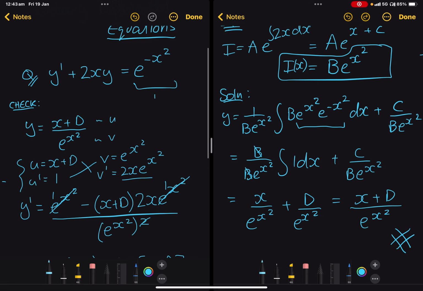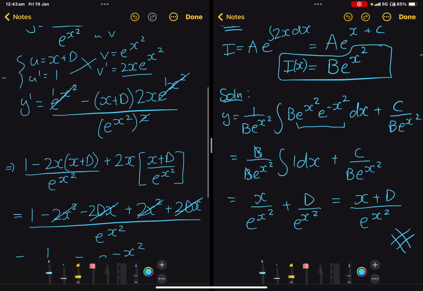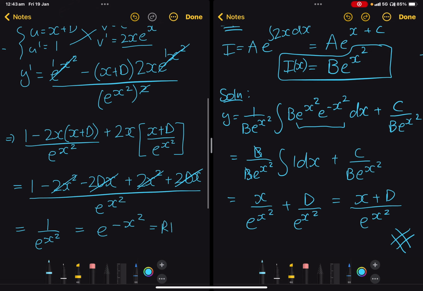And this is the right-hand side, e to the negative x squared. So our check worked out. We can be very comfortably certain that this x plus d over e to the x squared is in fact the general solution to this particular differential equation.